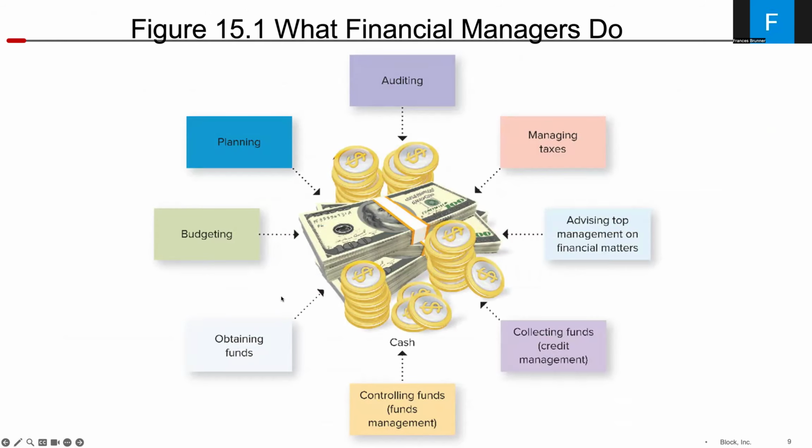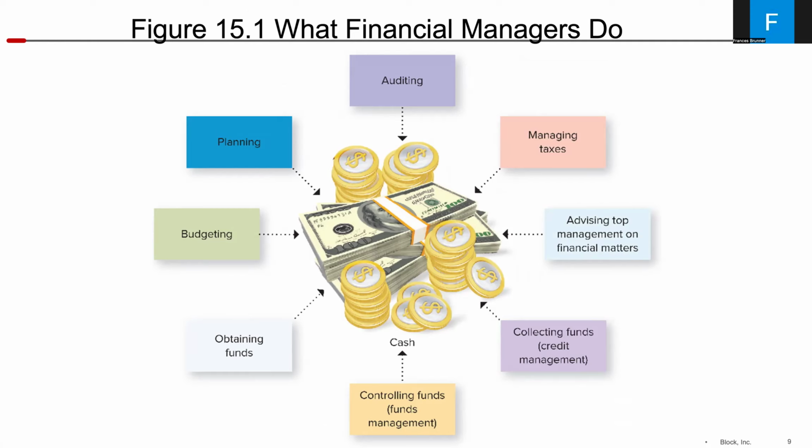So, what do financial managers do? They are included in audits, both internal and external. They manage taxes and help reduce the amount of taxes the company needs to pay through understanding what regulations and possible advantages are taking place. They advise top management on financial matters.